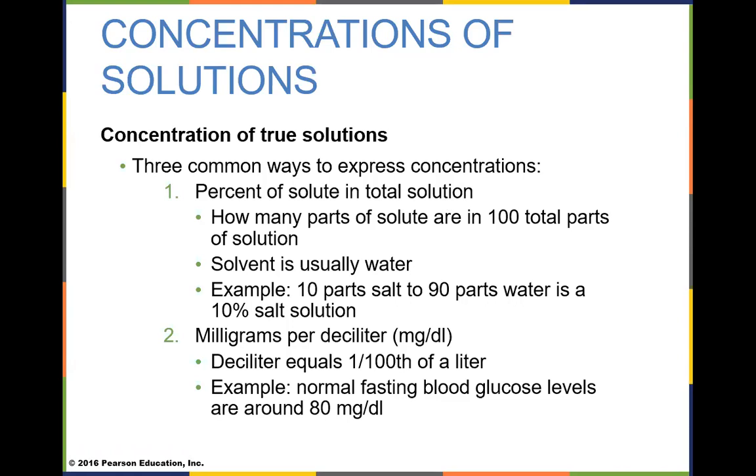Well, that's the easiest. The second one I mentioned the other day is milligrams per deciliter. It's a pretty important mechanism when we measure things like our blood sugar. When you have blood work done, or if you have a patient with diabetes measuring their blood sugar, the little handheld devices do that for you.